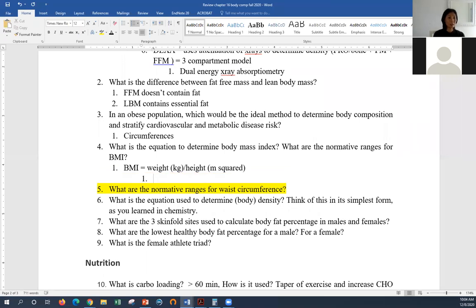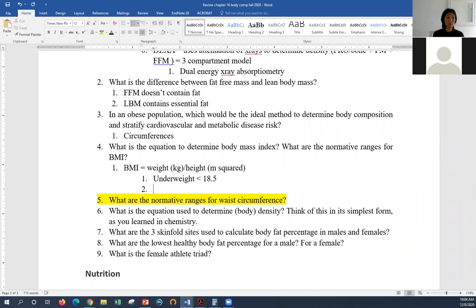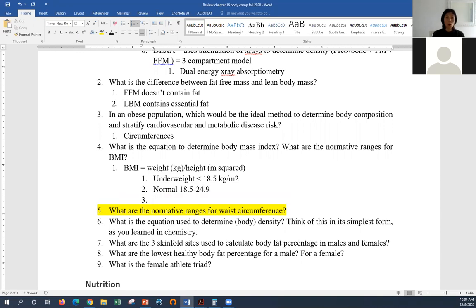And then what will also be on the test would be the normative ranges. So your normative ranges, actually start with underweight, would be a BMI less than 18.5 kilograms per meter squared. Normal is anything between 18.5 and 24.9 kilograms per meter squared.